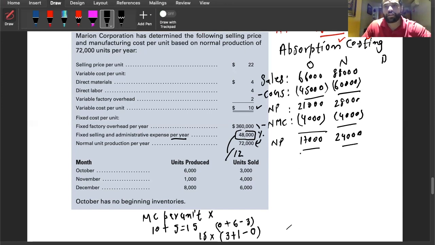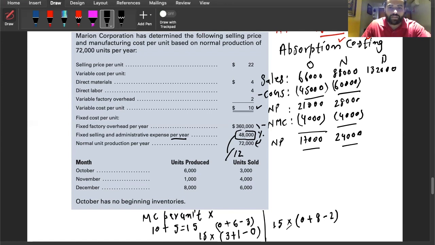All right. Let's move on to December. How much is the sales for December? 132,000. Cost of goods sold for December: 15 multiplied by opening 0 plus production 8 and closing 2.